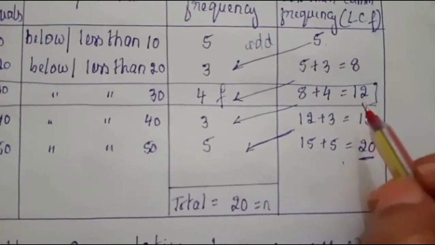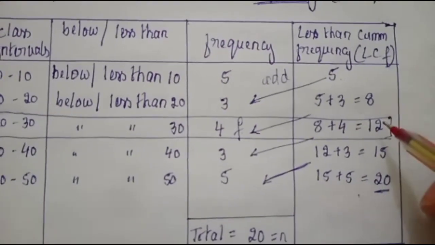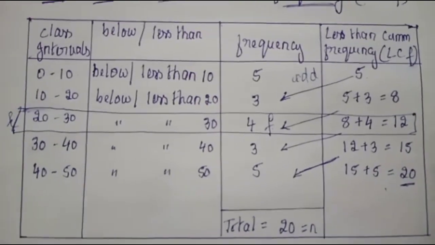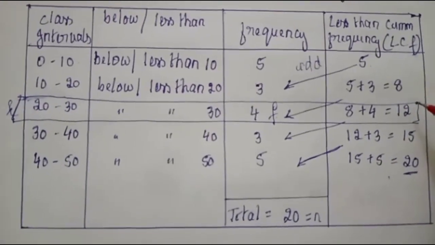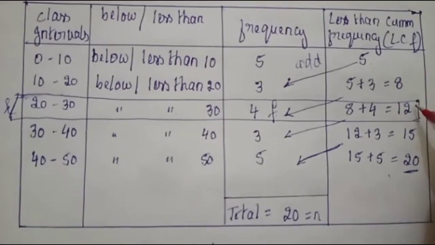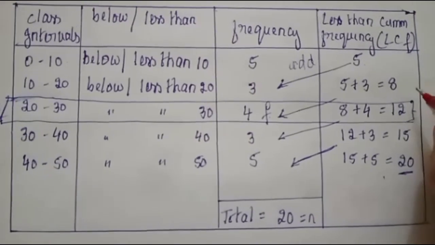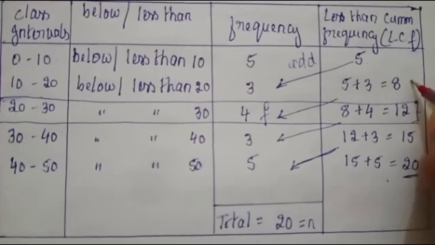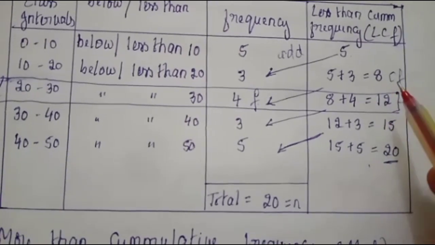This is the median class, so the value preceding it is 8. CF can be LCF or MCF, but I am using LCF in all the questions. So 8 will be the cumulative frequency, that is CF.